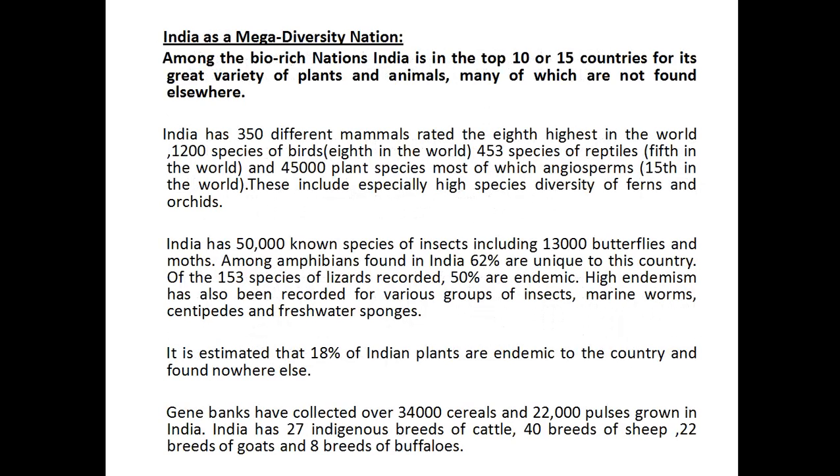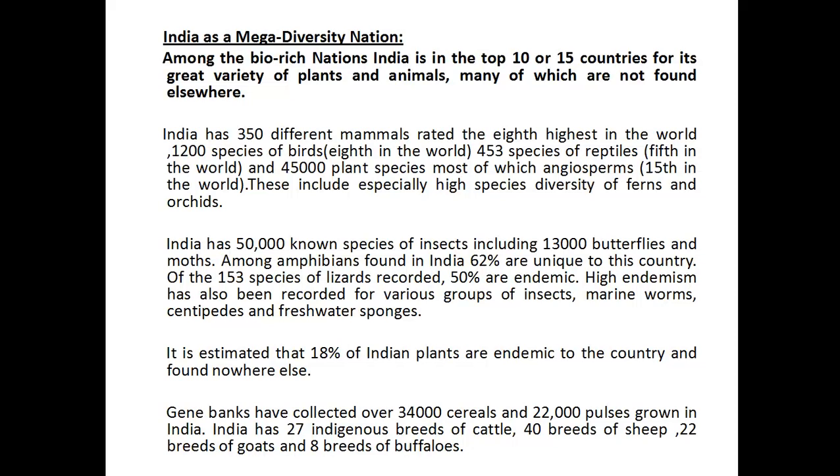Now let us consider India as a mega diversity nation. Among the bio-rich nations, India is in the top 10 or 15 countries for its great variety of plants and animals, many of which are not found anywhere else.